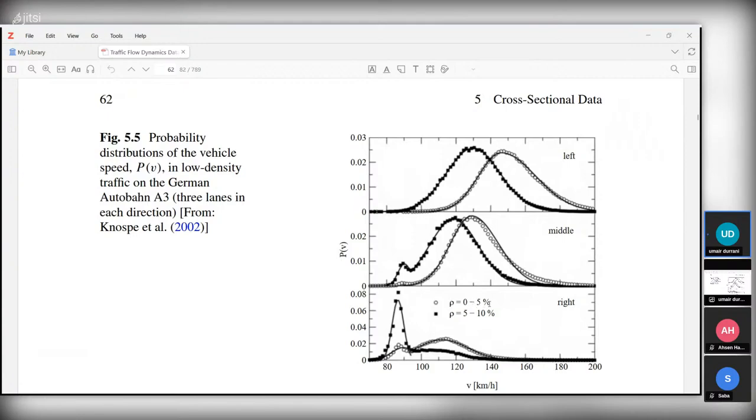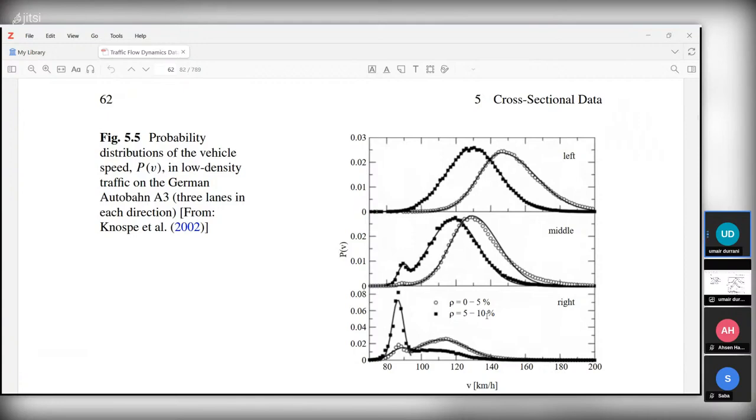One condition is 0 to 5% of occupancy. The second condition is 5 to 10% of occupancy, which is telling you that there are not a lot of vehicles detected by the cross-sectional detectors. And so they're only about up to 5% or up to 10% of occupancy.